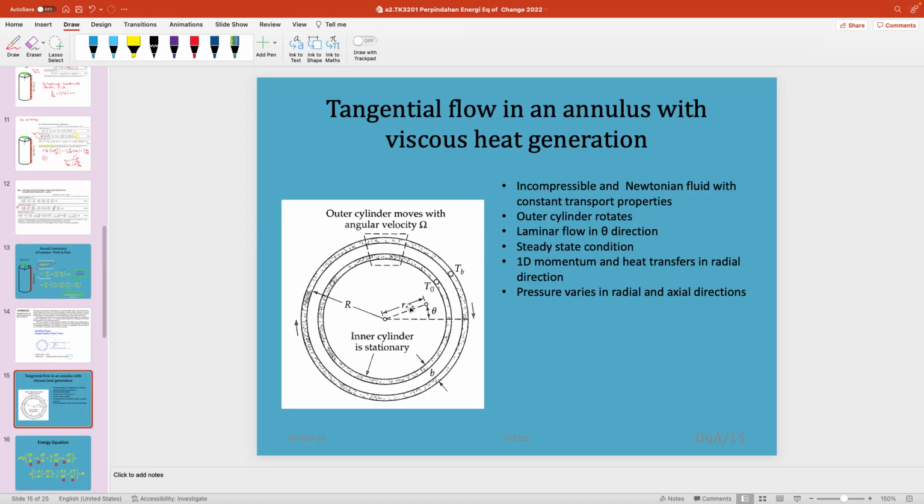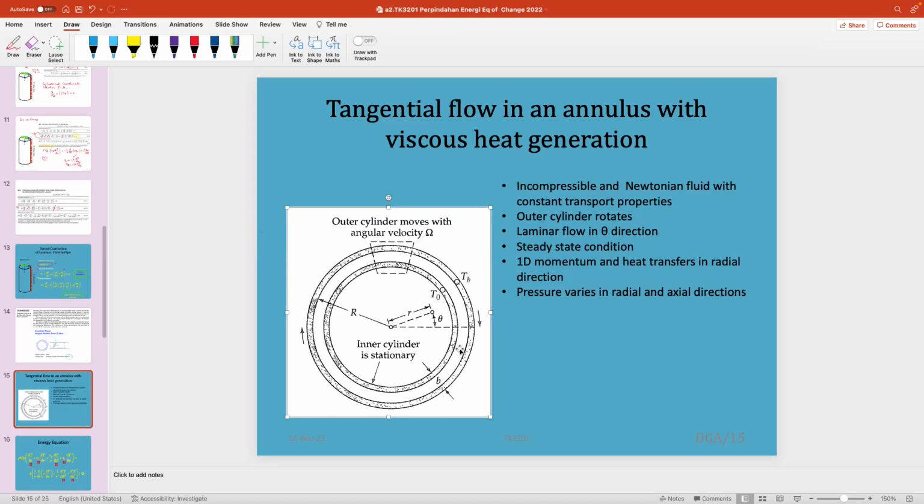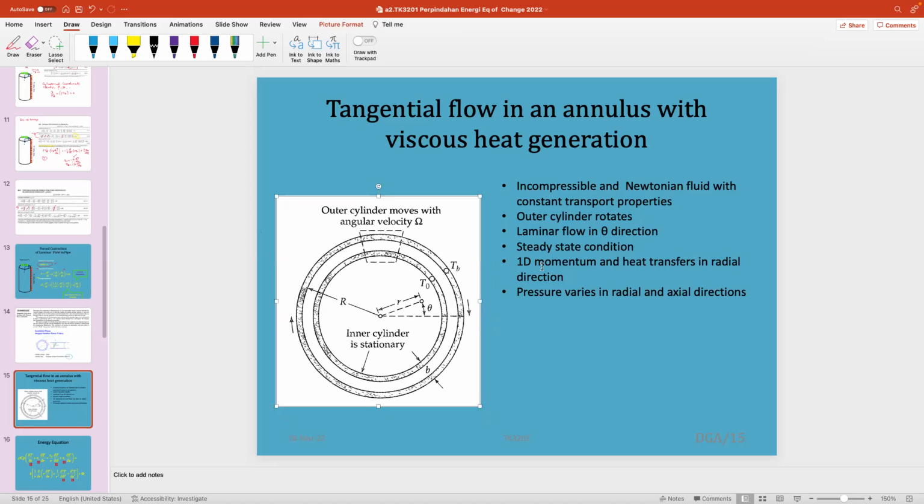The inner cylinder is stationary, and it is a laminar flow in the theta direction. We know that it is one-dimensional momentum and heat transfer in the axial direction, and there is pressure in the radial and axial directions.